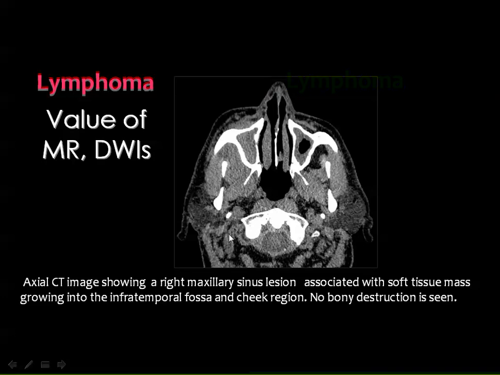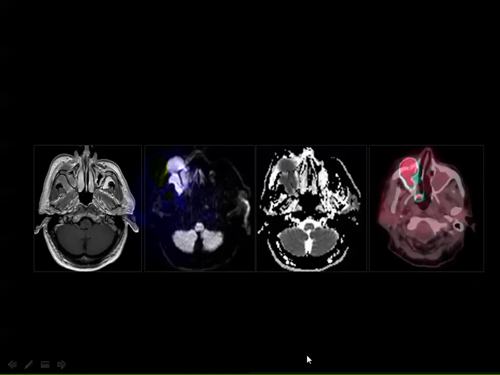This is a neoplasm, and sometimes I will mention the value of diffusion weighted images in the head and neck in general, and also whenever handling specific parts in the head and neck. But this is one of the examples, and here this is the MRI of the same case.